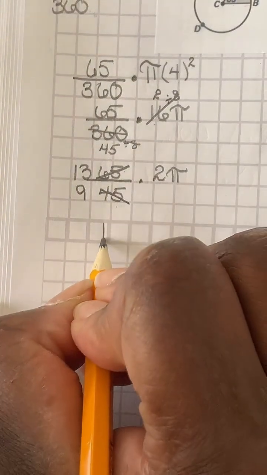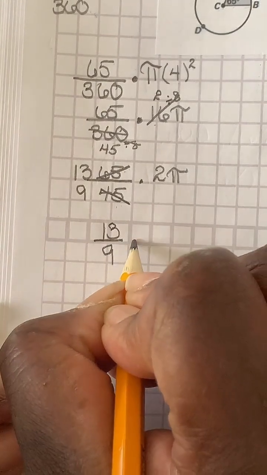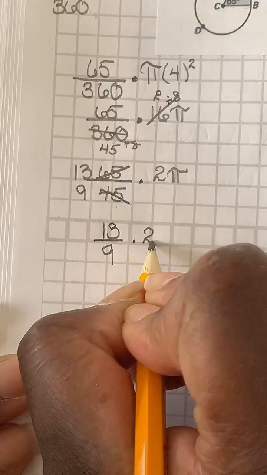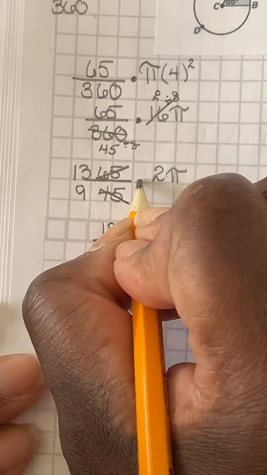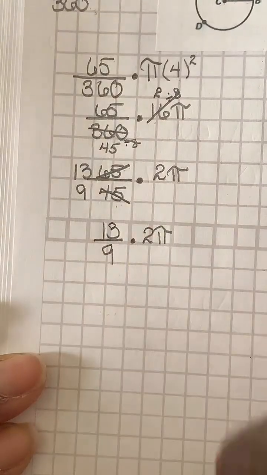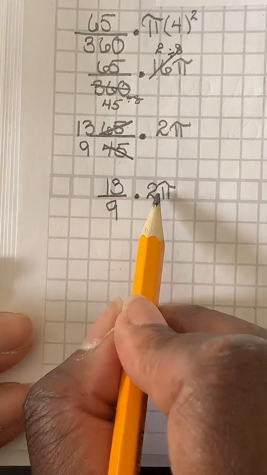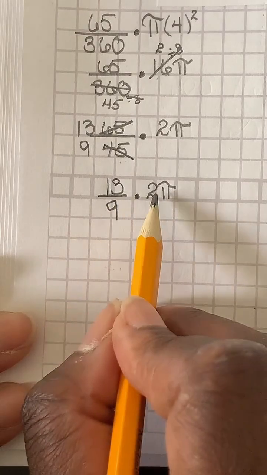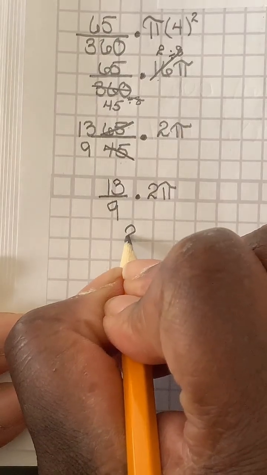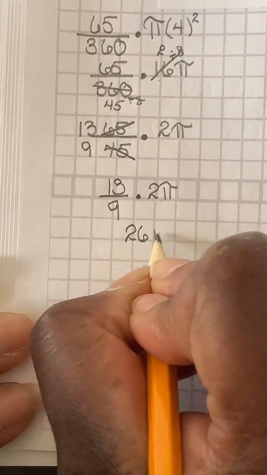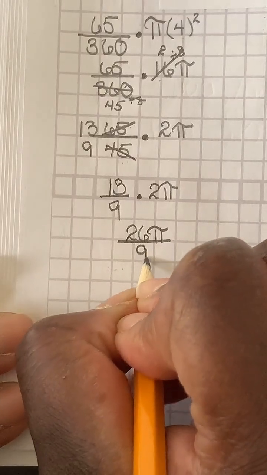So now I got 13 over 9 times 2 pi. So now all I have to do is just multiply the numerators. So 13 times 2 will give me my 26. And I bring my pi, and all that's over 9.